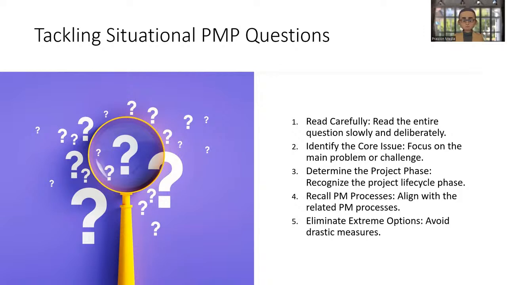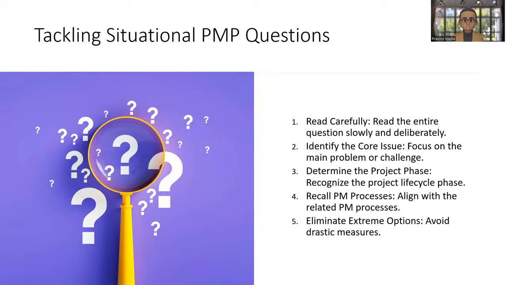Number 5, eliminate extreme options. Avoid drastic measures such as firing people. Drastic measures such as shut down the project. There's sometimes when you are told to do something that sounds reasonable, but it's beyond your power.